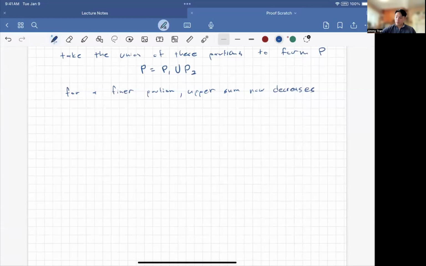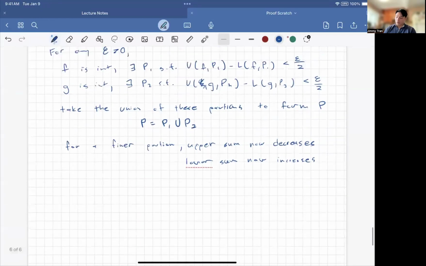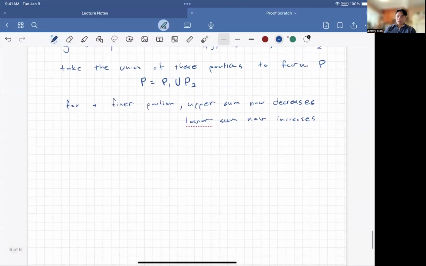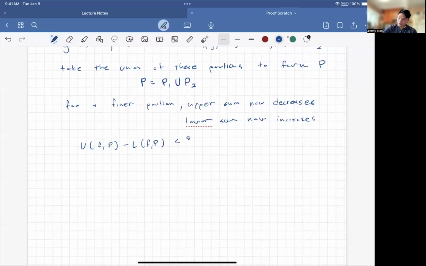And likewise, we can say that the lower sum now increases here. And so now that we have this new partition P here, we can now say that the difference between the upper Darboux sum of f over P and the lower Darboux sum of f over P is less than epsilon over 2.